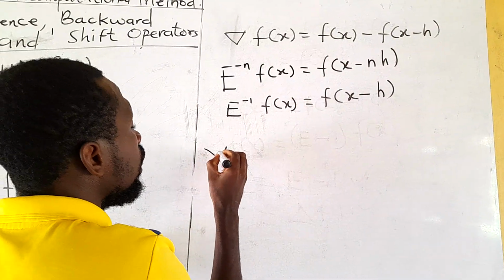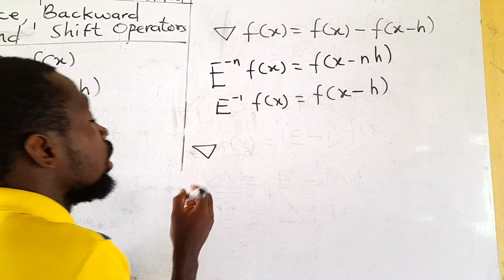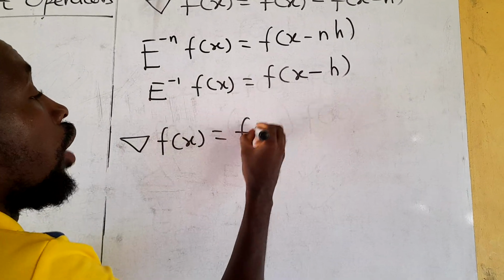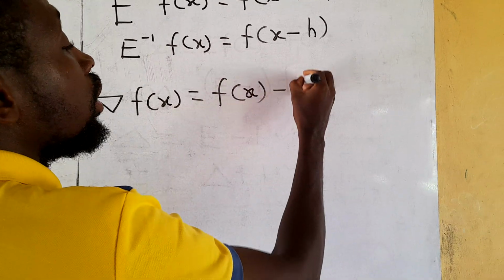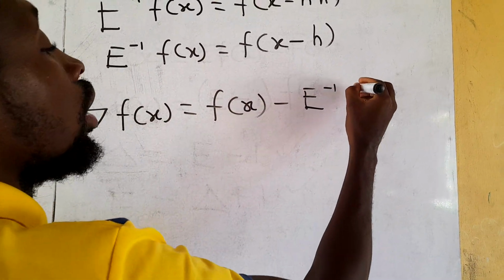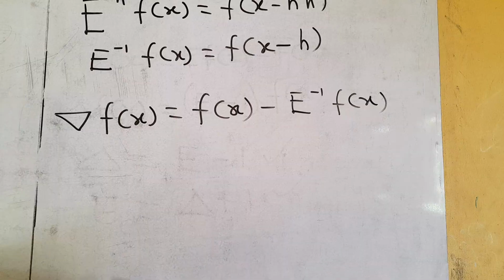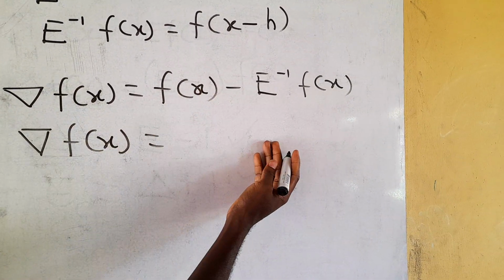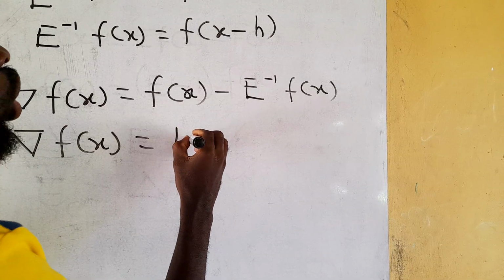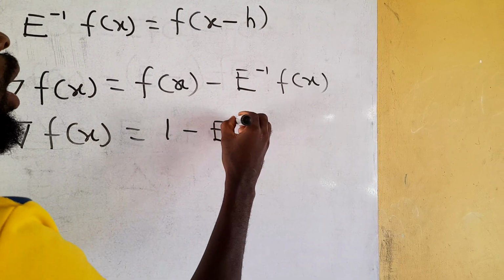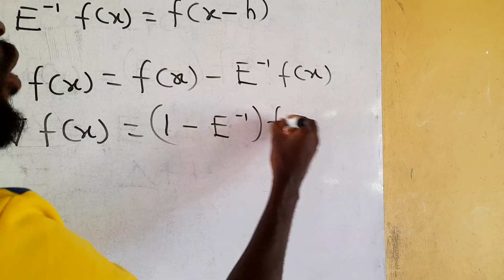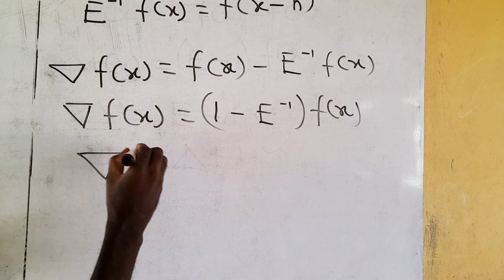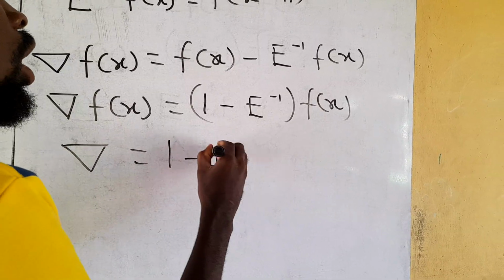So we can say that the nabla of a function f of x will be equal to f of x minus E exponent negative 1 f of x. I hope you get that. So what is common? The function is common, so we factor it out. So 1 minus E exponent negative 1 times f of x. So we can divide both sides by f of x. We get nabla is equal to 1 minus E exponent negative 1.